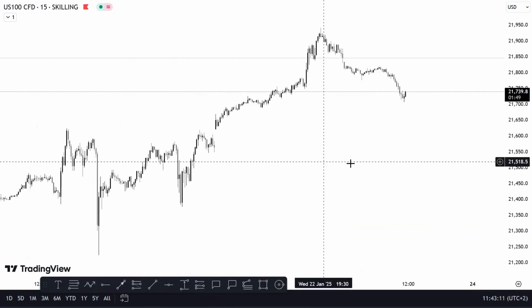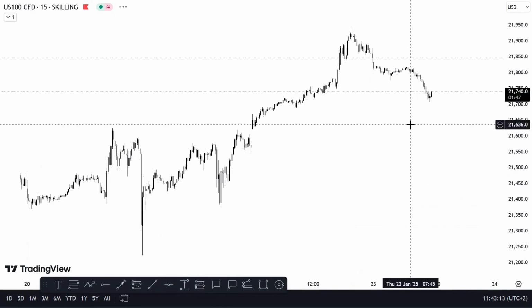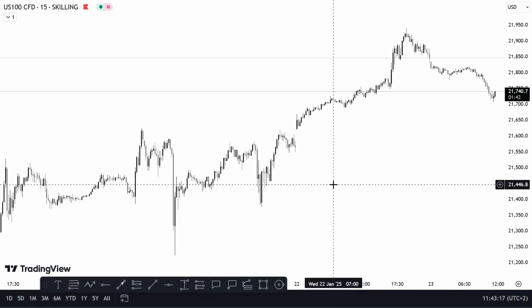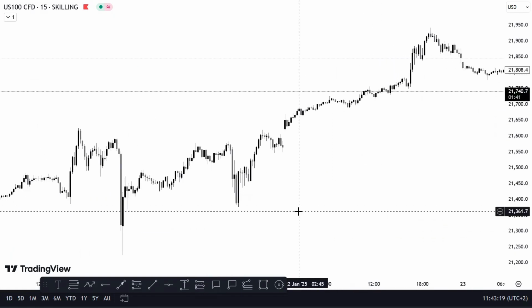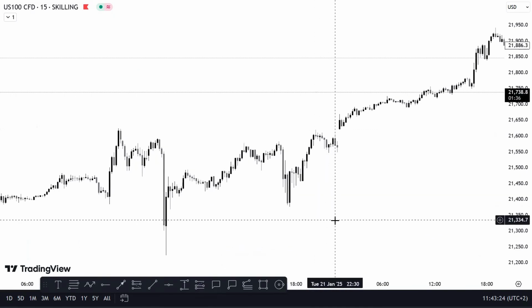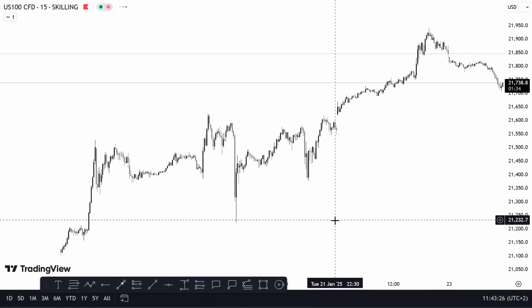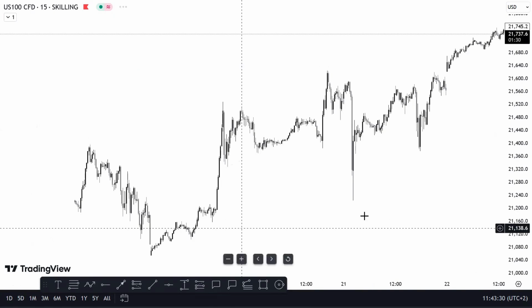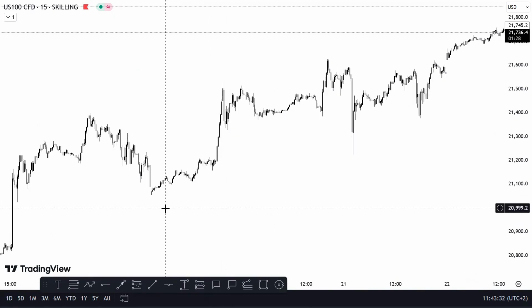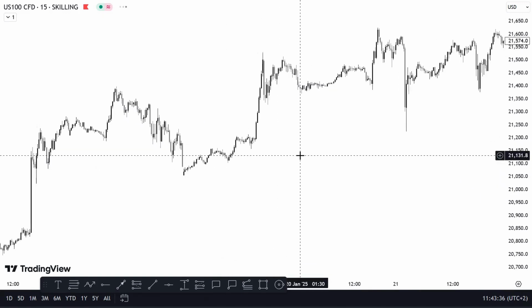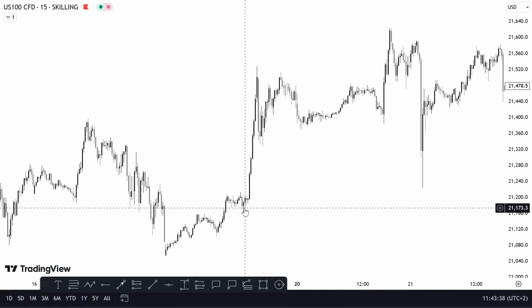So you will find this setup on your smaller time frame, something of the same nature, like your M15, like I said. Just to give you an idea that this pattern is always there on your smaller time frames.